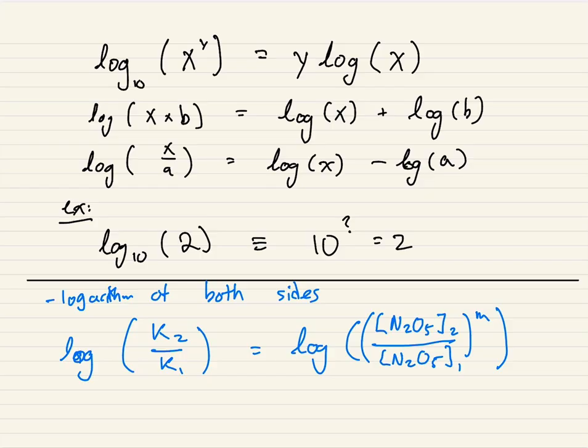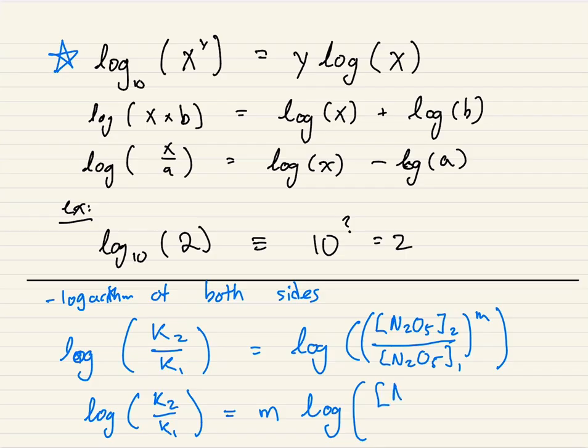So now we can take m outside of the logarithm, right? Because of our first identity, which is the important one there. So this simplifies to the logarithm of K2 over K1 equals m times the logarithm of N2O5 subscript 2 over N2O5 subscript 1.